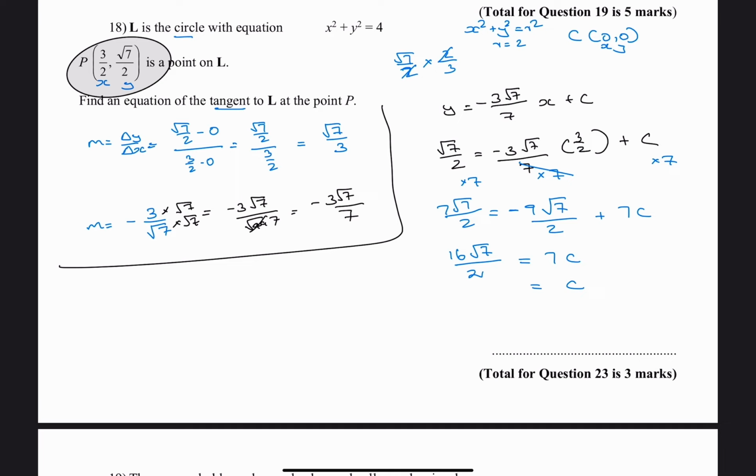You divide by 7, so 16 root 7 over, not 2 anymore, 14. Okay, that's the equation. y is equal to minus 3 root 7 over 7 plus 16 root 7 over 14. Okay, I'm not going to simplify that. It's fine. This should be okay.